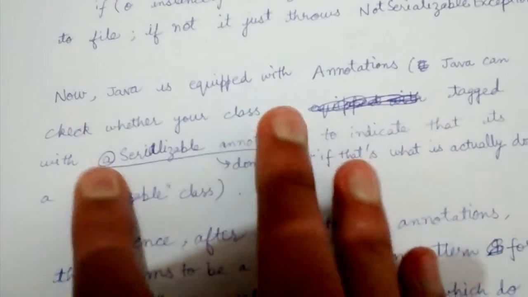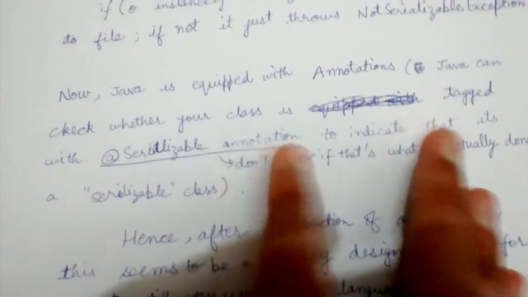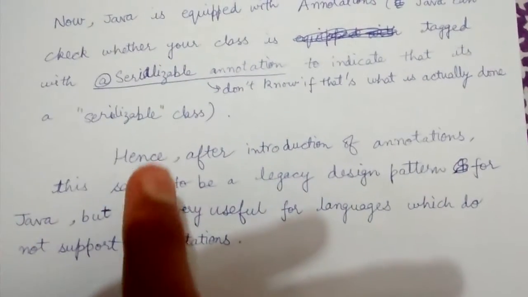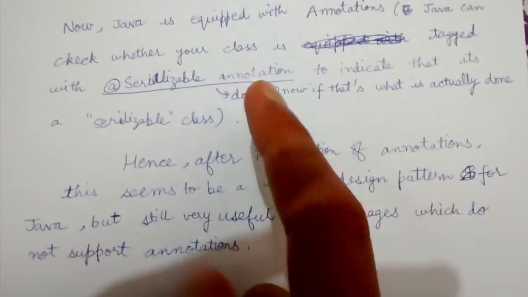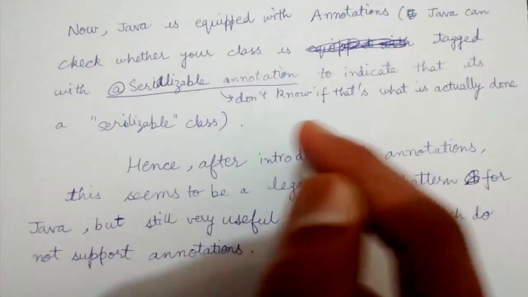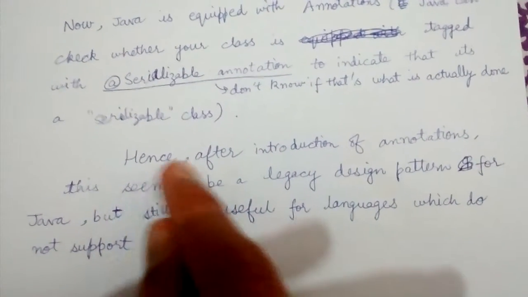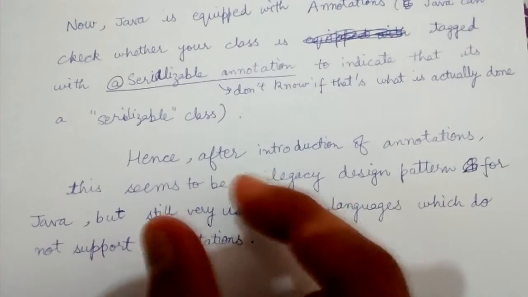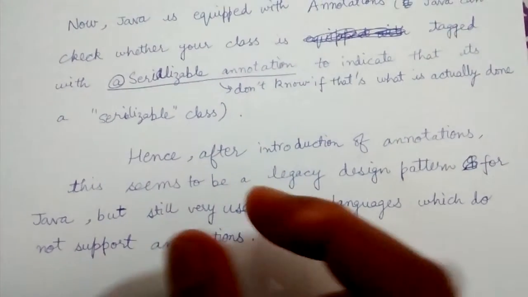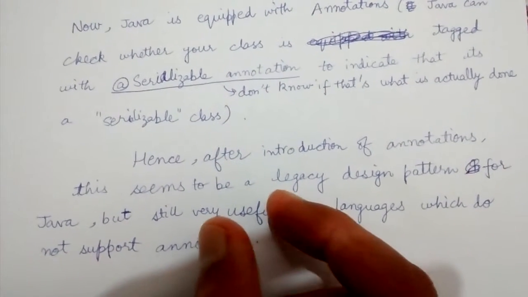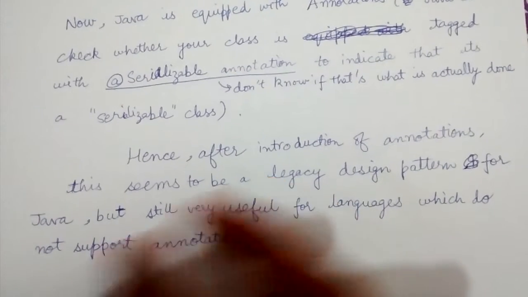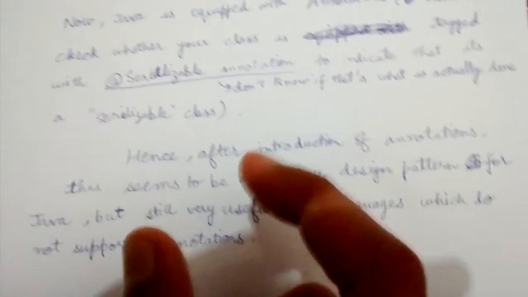But in Java now, these annotations have come in its latest versions. So instead of writing that implements interface, we can just annotate our class. What we call tippani in Hindi. So it's like a note in front of the class or a method, anything.